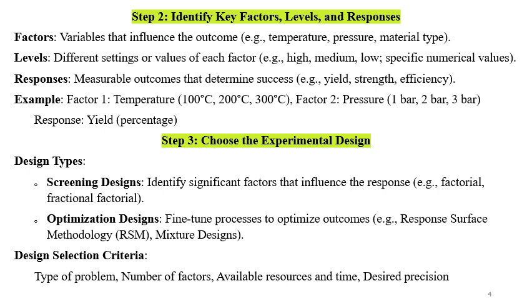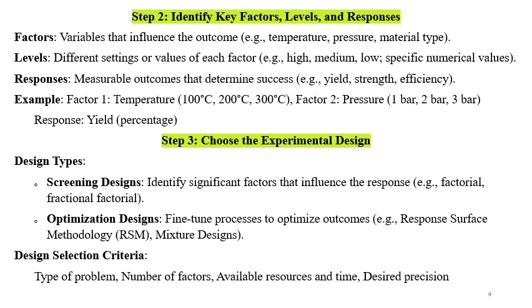The third step is choose the experimental design. So based on the complexity of the formulation and based on the outcome, we choose the experimental design. Design types may be screening designs, optimization designs, and many others. Screening designs are used to identify significant factors that influence the responses.